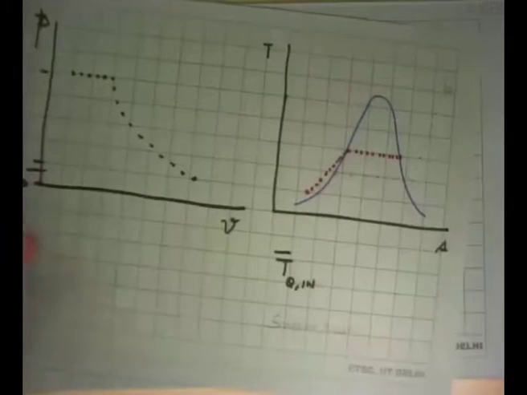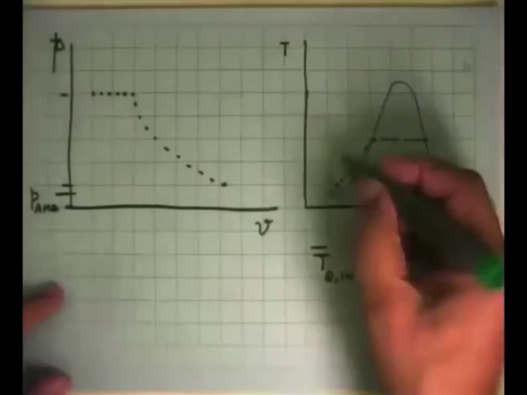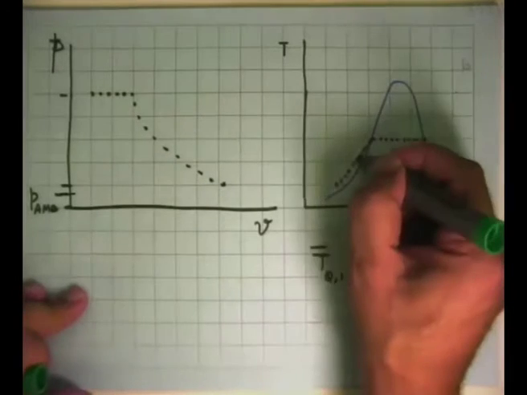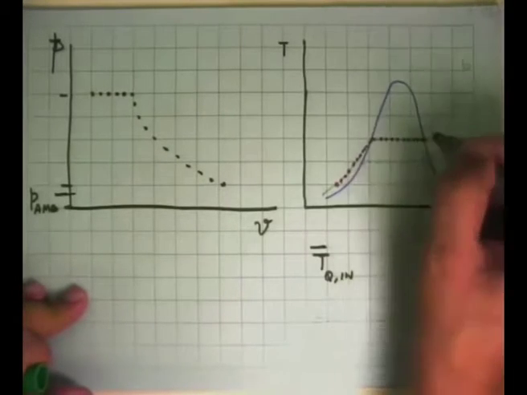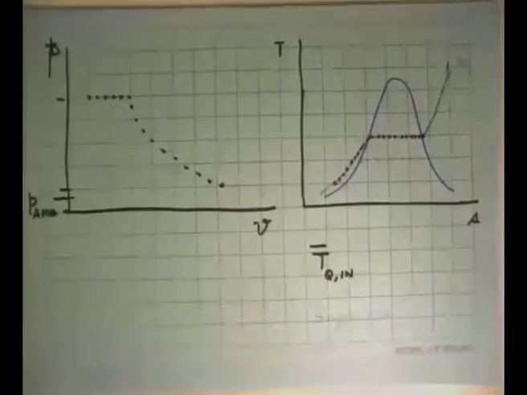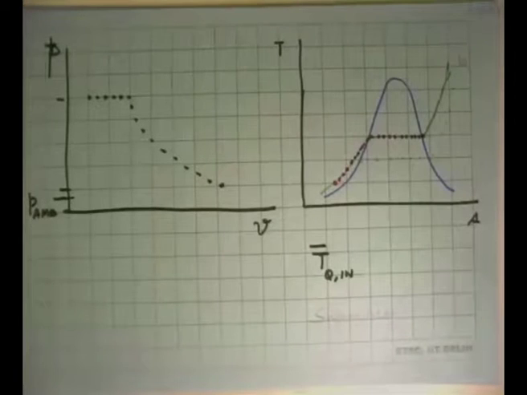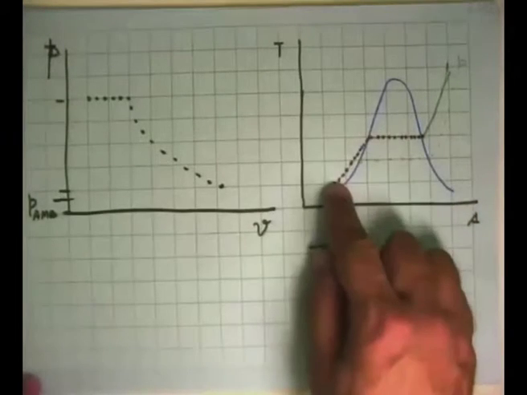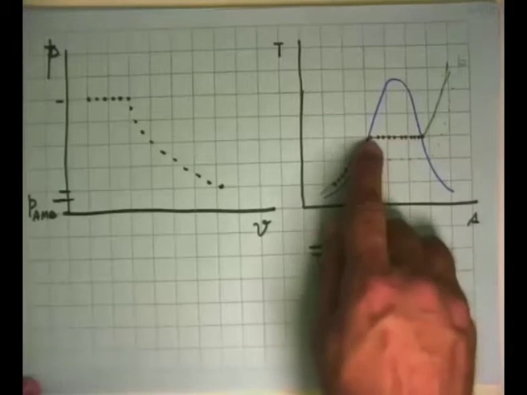So for that, we will look at the process separately. Okay, so this is the process that I have drawn here. This is a constant pressure line there, and constant pressure line there, and the constant pressure line that goes over there. And now we know that these are all compressed liquid states, and this is a saturated liquid state.